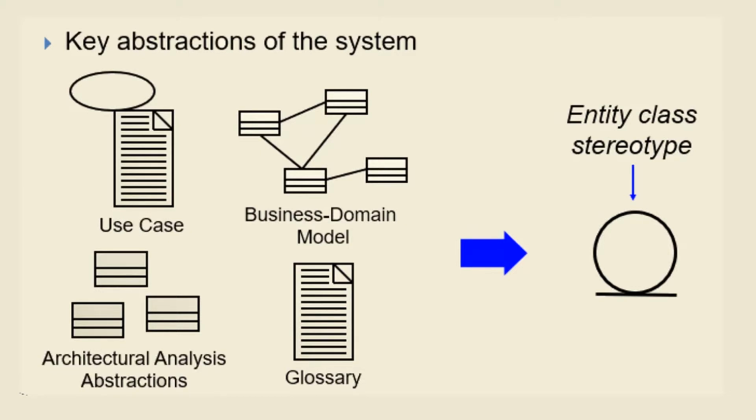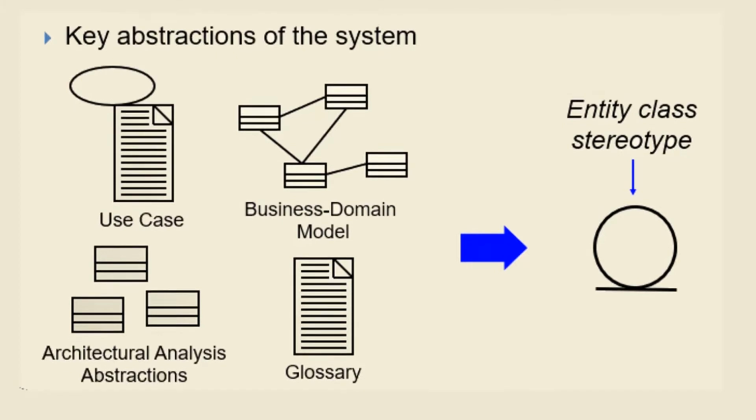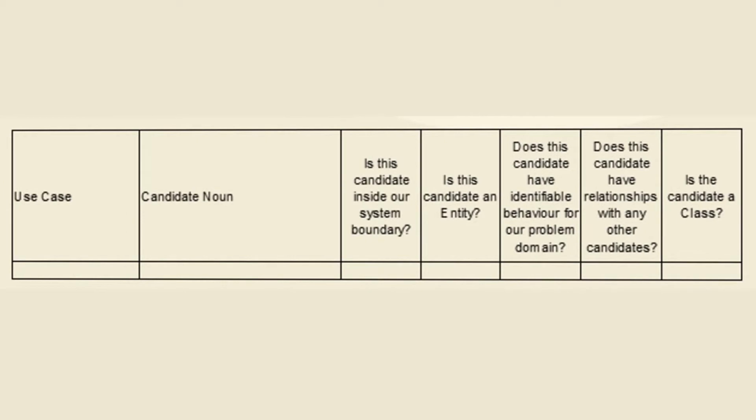We use a process called noun extraction to identify, firstly, nouns, and these nouns may later on become entity classes, attributes of a class, or they can even not have any significance in our use case or even the system.